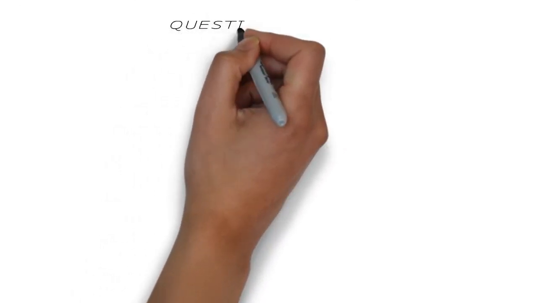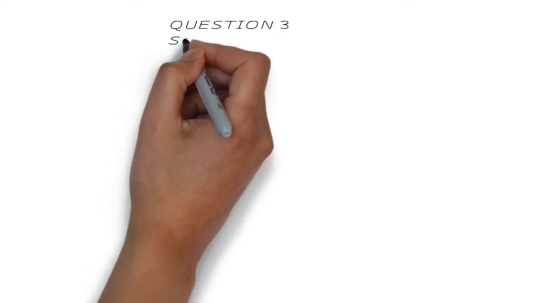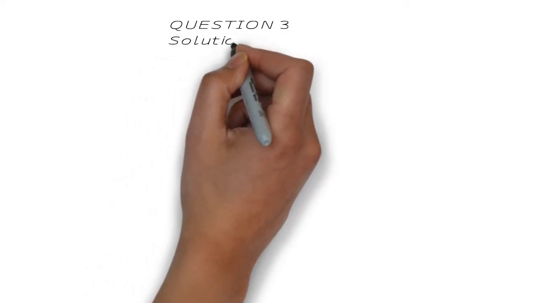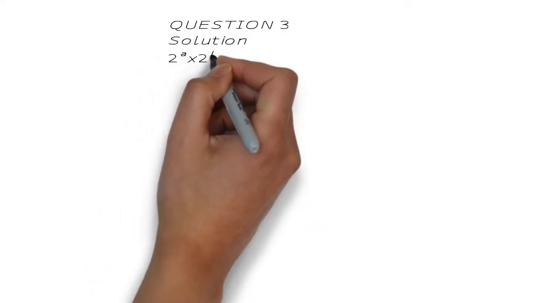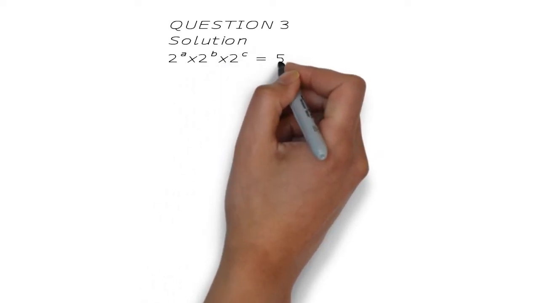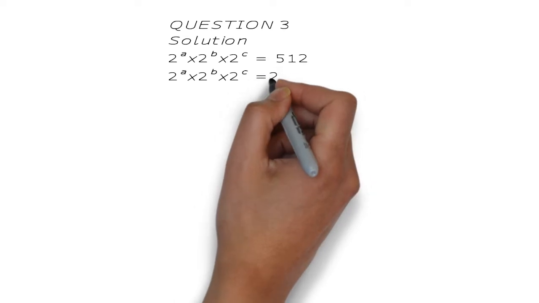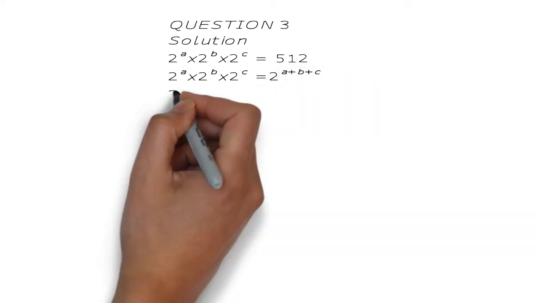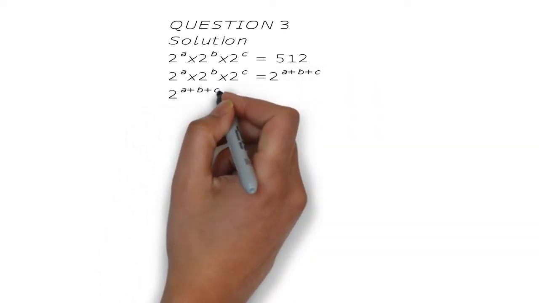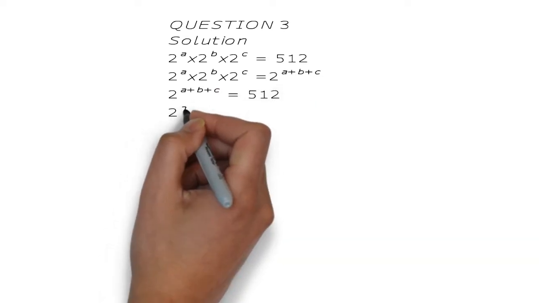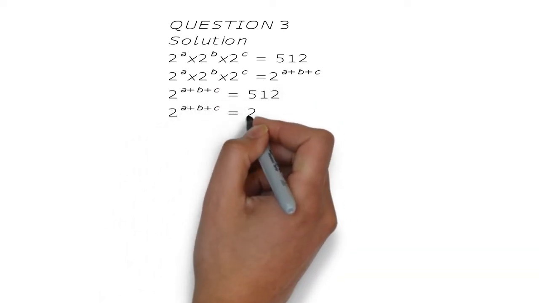Let's go on from here. Now 2 raised to power a times 2 raised to power b times 2 raised to power c is 512. So by indices, that will be 2 raised to power a plus b plus c, equal to 512. 512 of course is also 2 raised to power 9.